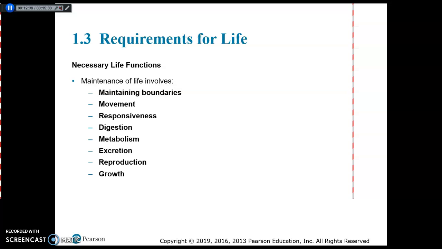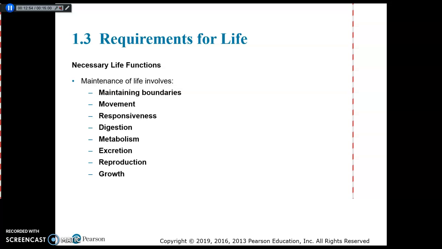Then we have digestion, which, of course, is how we break down the molecules in the food that we eat. Metabolism refers to all the chemical reactions that occur in our cells, breakdown and build-up reactions. Excretion is just our removal of waste. That can be solid or liquid.